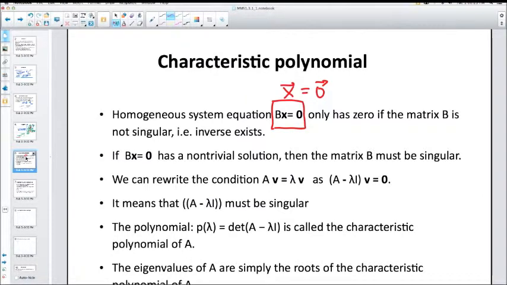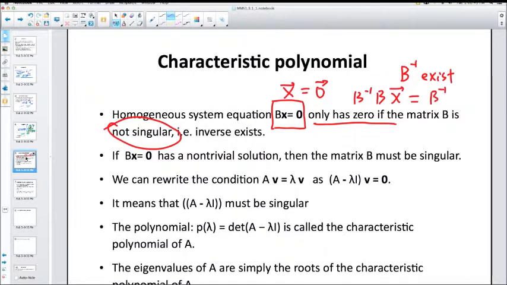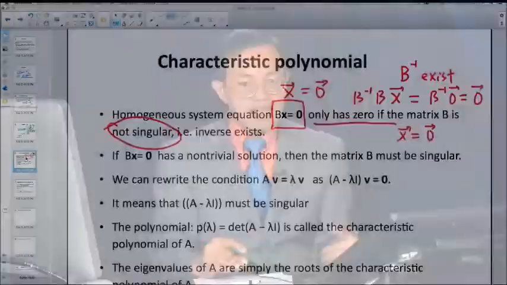And the second, in case this B is non-singular, in other words, the B inverse exists, then you only have the 0 solution. Because if you multiply B inverse to B, and the B inverse times 0 is still 0, then you only get the 0 solution. That's what we learned just in the last lesson.